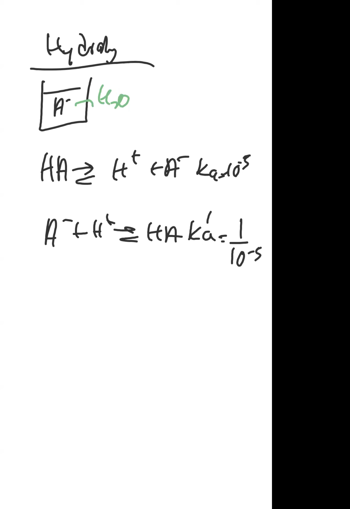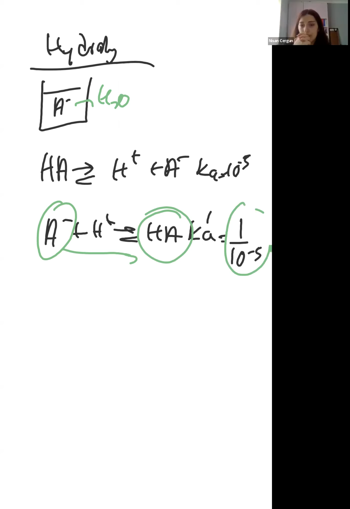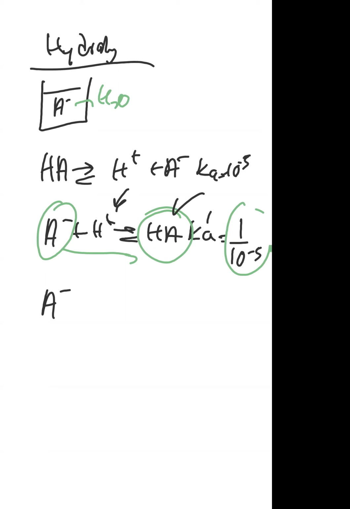We have an anion which willingly wants to form the weak acid with such a big equilibrium constant. That means this A minus really wants to get hydrogen plus and produce HA weak acid originally.